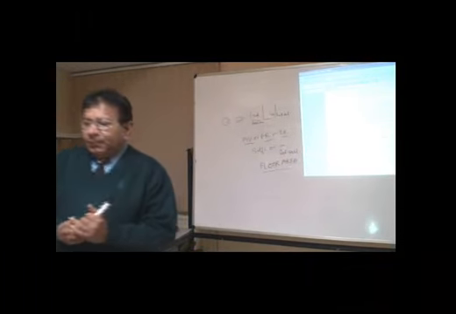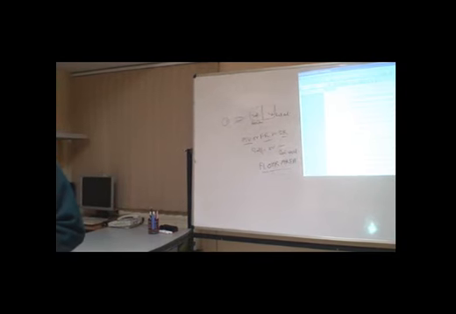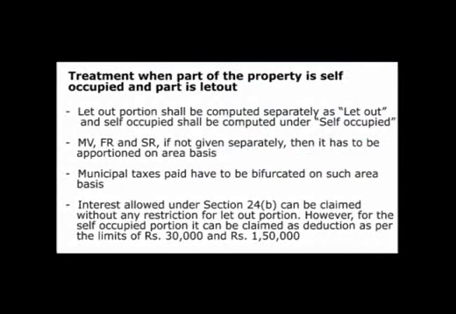The last important point to be noted here is the interest allowed under section 24B, as we discussed earlier also. It can be claimed without any restriction in respect of the let out portion. I think we have already discussed a lot in this regime.